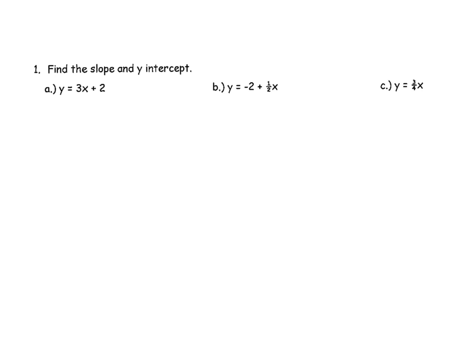1b. Ooh, it's in reverse order. First of all, let's write it in the right order. I don't like the way it looks like that. What's the proper order? What goes right after the equal sign? Y equals 1/2 x minus 2. Please write it correctly first.